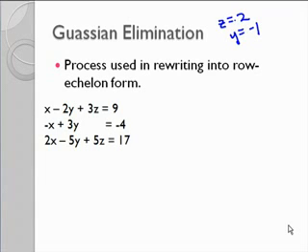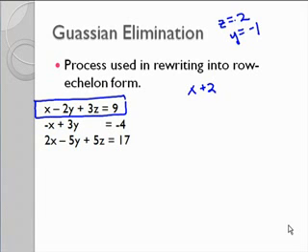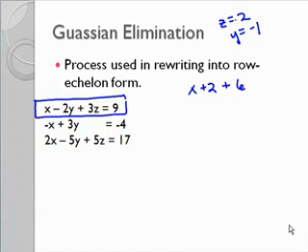So now if we take both of those and substitute them back into our first equation, we're looking for x. Y is negative 1, so negative 2 times negative 1 is plus 2. And z is 2, so 3 times 2 is 6. So x plus 8 is 9.